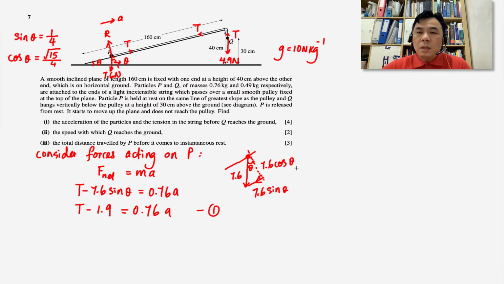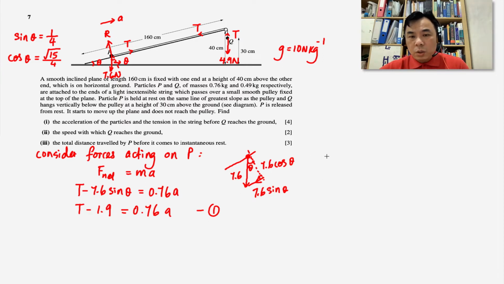Now, just in case you're wondering why we need the perpendicular component there: if the question requires the normal force acting on particle P, then yes, you can use this component here. Now, this is just extra information. You don't really need that for this question.